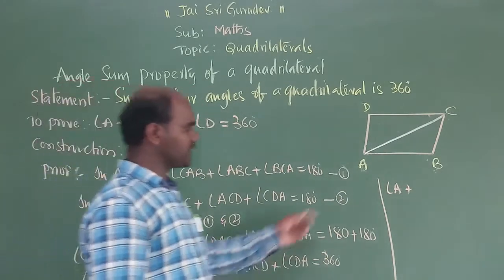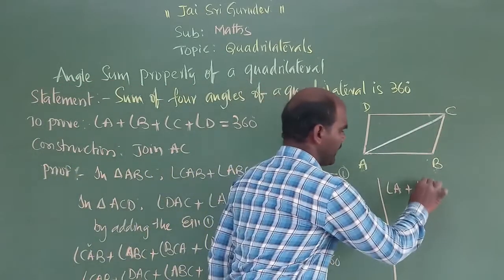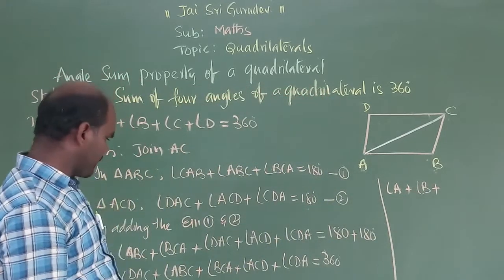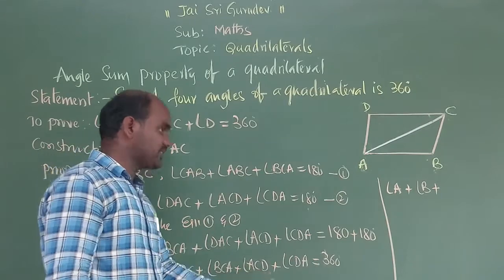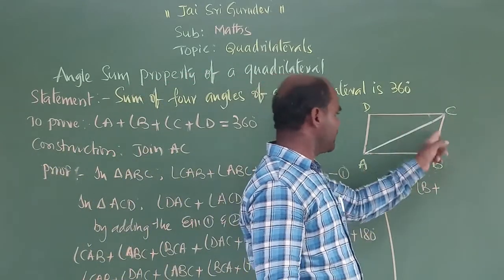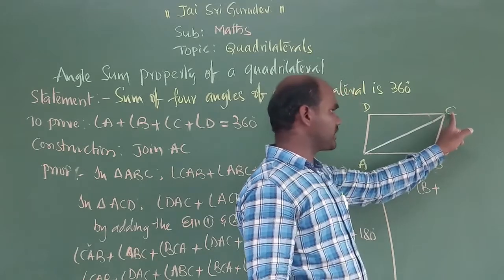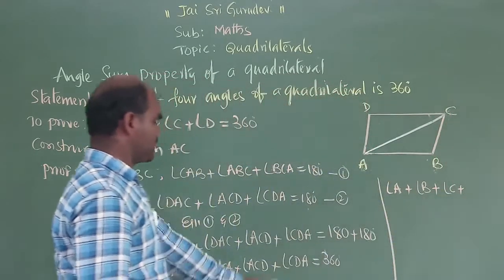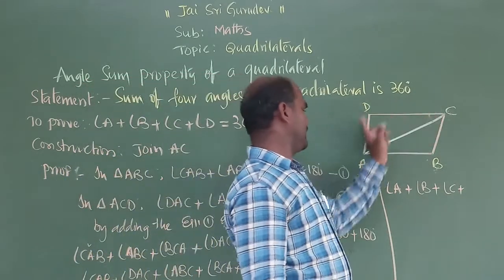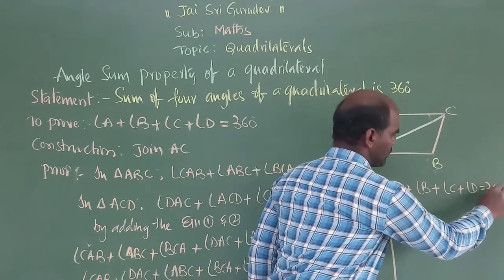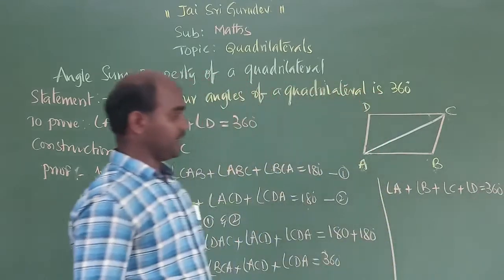Next, ABC means complete angle B. Next, C will become BCA plus ACD. BCA plus ACD, the sum of these two angles, what should it be, children? Angle C plus CDA will become CDA. So that is a complete D equals 360 degrees.